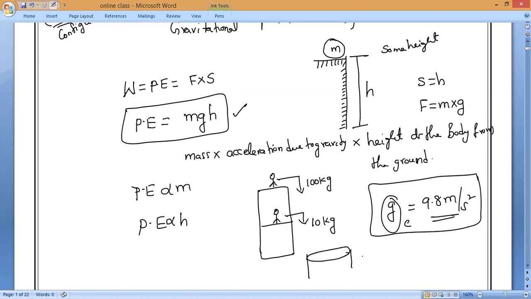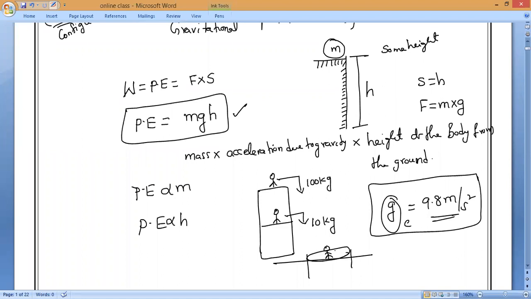It will bounce and hit the ground very forcefully. In which case will a person be injured more, 10 kg or 100 kg?